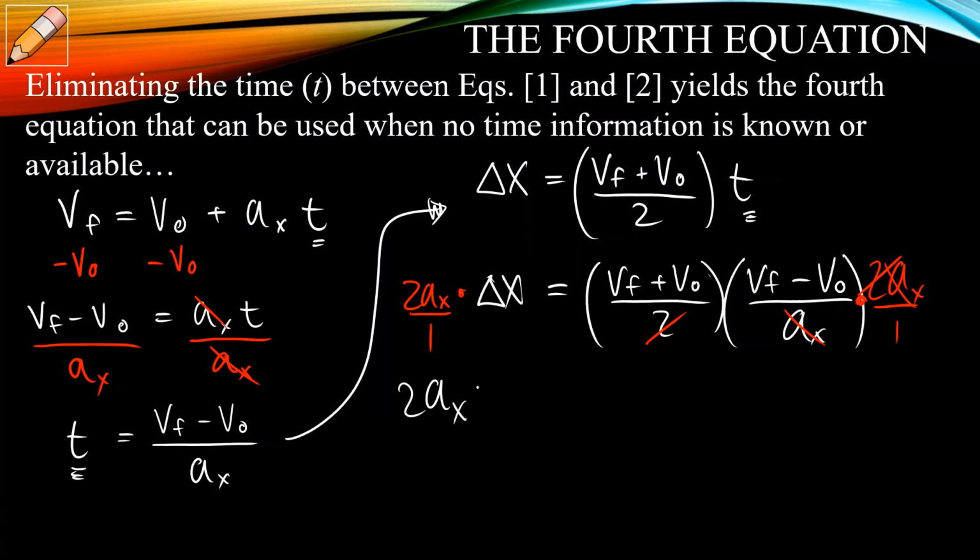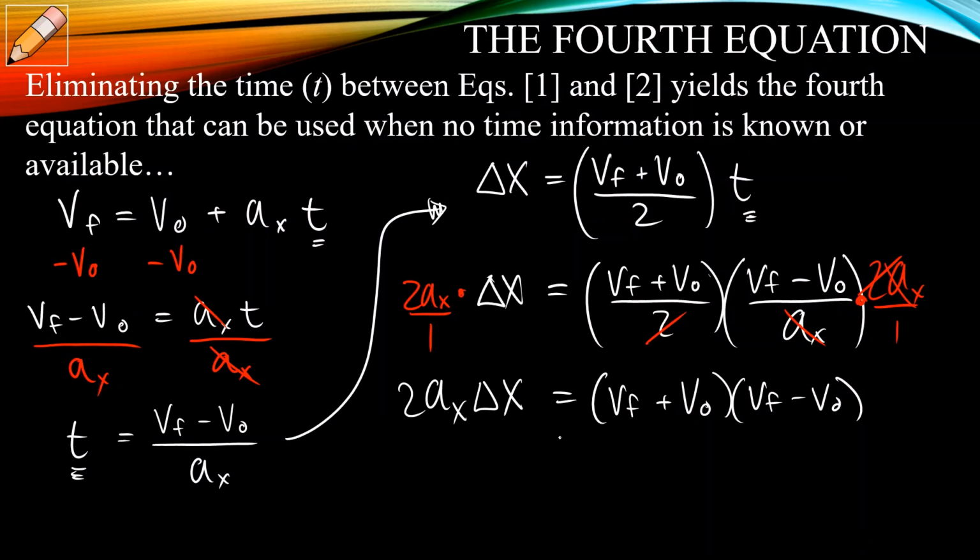We've got 2 times the acceleration times the displacement is equal to, and what we've got here is basically the final velocity plus the initial velocity, and this is all multiplication, right? This was multiplied by this, and there were 2 terms inside of each of those parentheses. So that's still kind of what I've got left over is the final velocity plus the initial velocity times the final velocity minus the initial velocity.